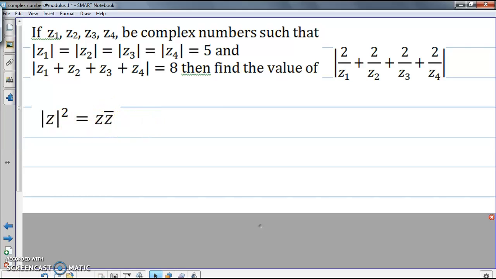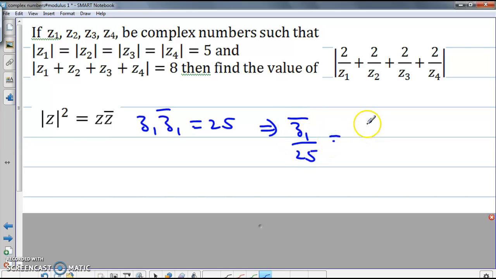z1 conjugate is equal to mod of z1 square, which is 25. This implies z1 conjugate is equal to 25 upon z, or z1 conjugate upon 25 is equal to 1 upon z1.